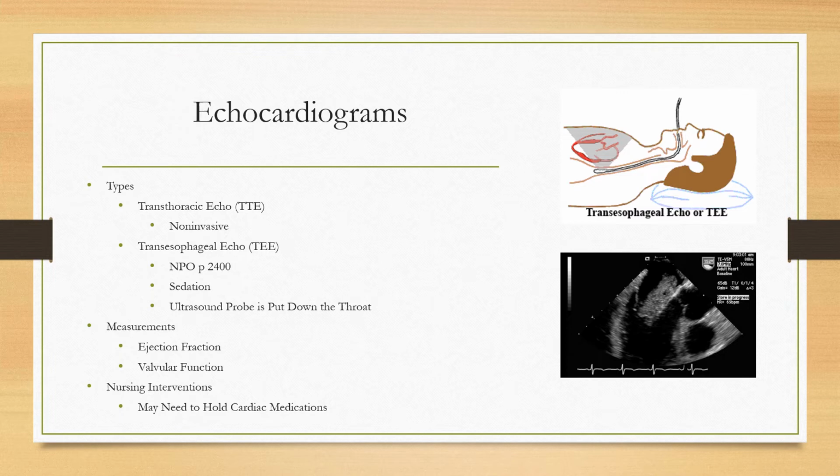So we can really look at the valves up close. We can look for any clots, say in someone with atrial fibrillation, up close. So they're both just ultrasounds of the heart, just different ways of getting there. One's non-invasive, one's invasive.